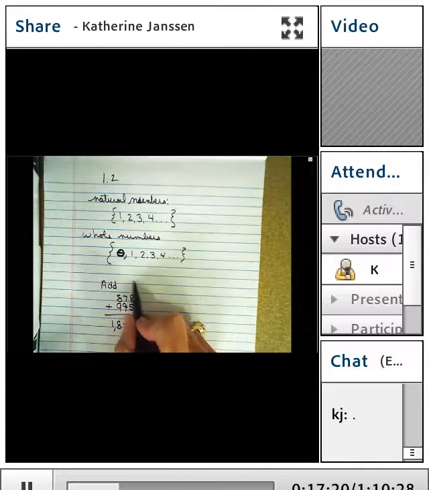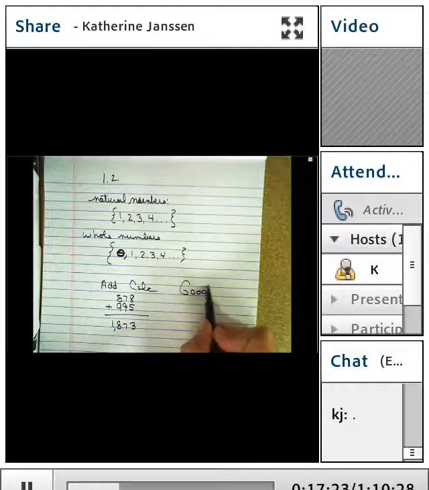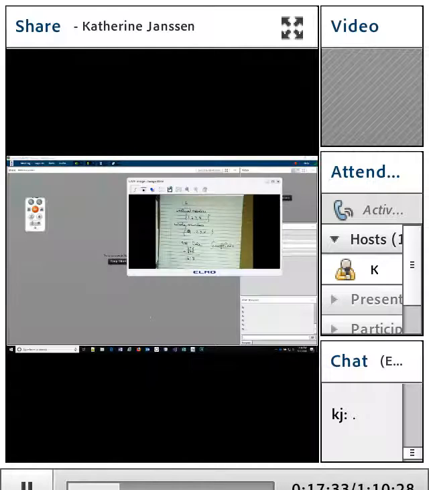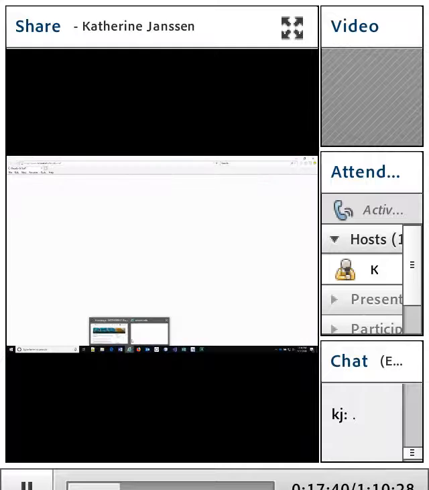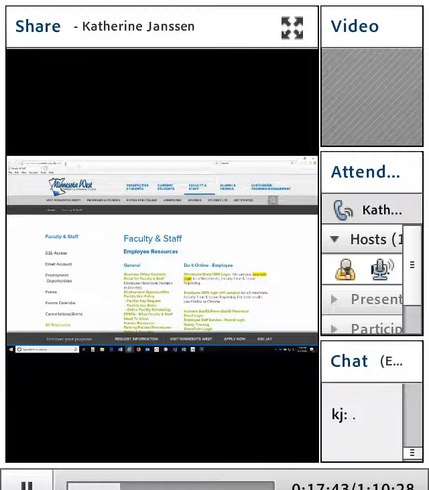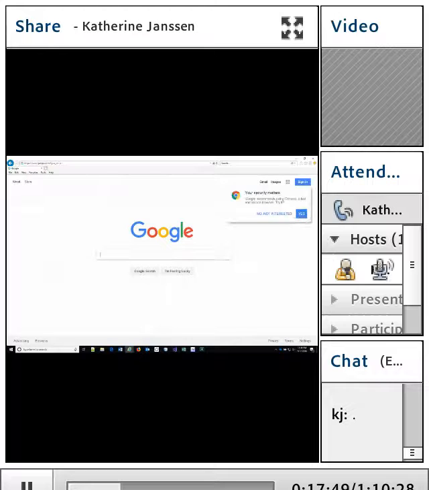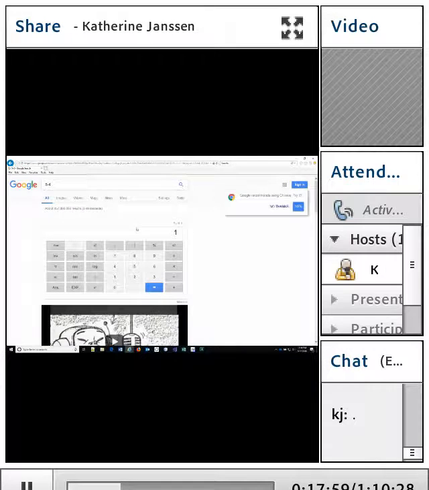I'd like to also show you the Google calculator. I'm going to go to google.com, and in the search box I'm going to type something quick, like 5 minus 2, or 6 plus 3.